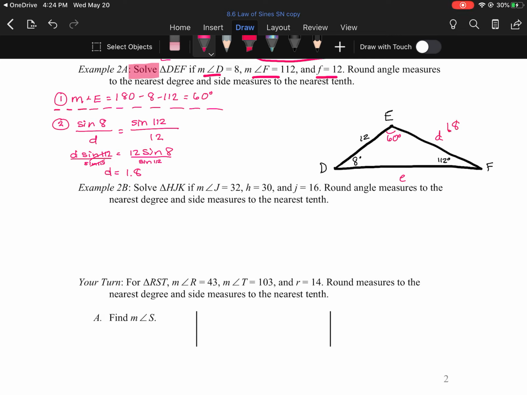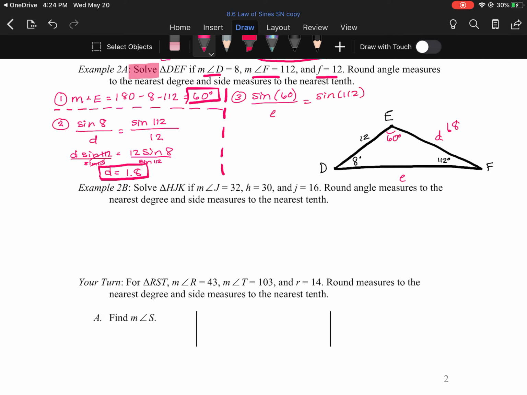All right, so there's 2 things we found. We only need 1 more because they gave us 3 pieces of information. So the last thing we're going to find is side E. I'm going to do the sine of 60, which we have to use in this case because we have to find E, is equal to, and I'm going to use 12 and 112.